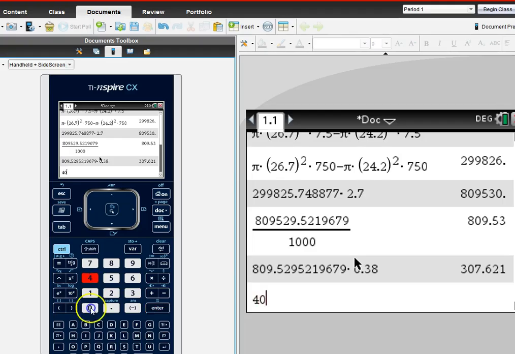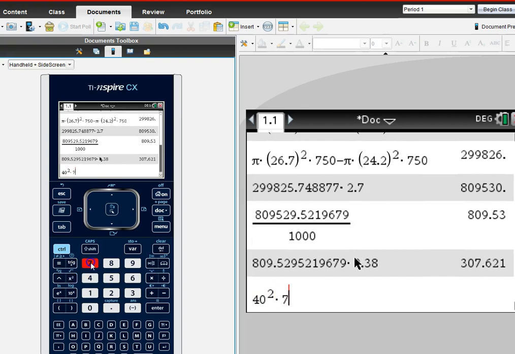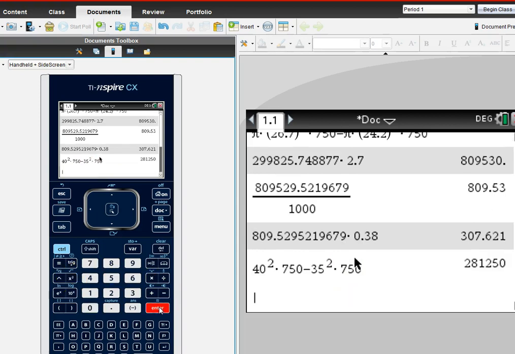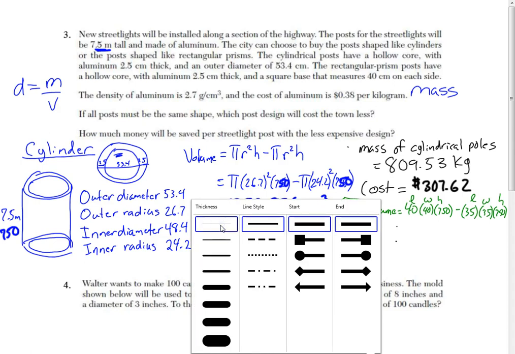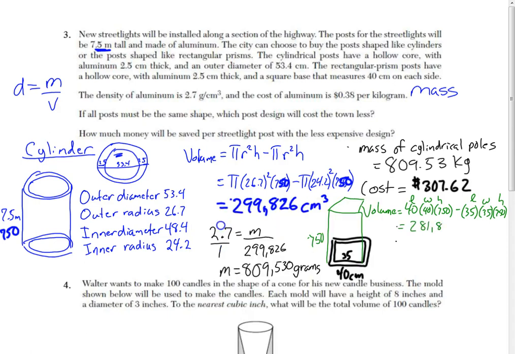We have 40 squared times 750 minus 35 squared times 750, and that is 281,850 cubic centimeters.